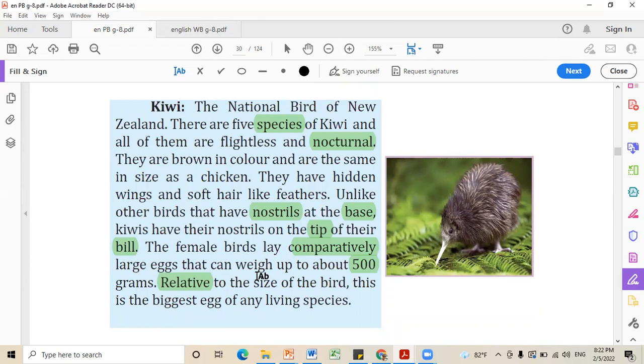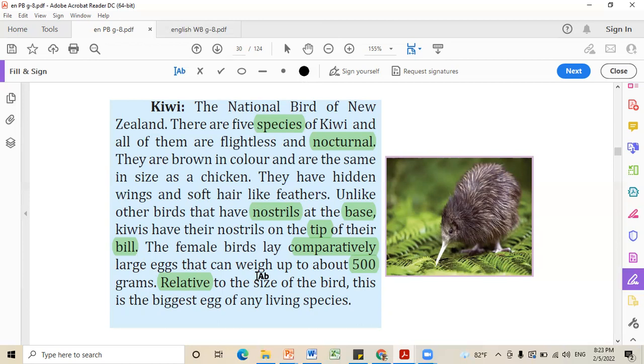Can we find any other details about this bird, the kiwi, that we have not talked about so far? Janit, yes, you can try. If you cannot try, it's okay. You can say I do not know, I cannot find. It's okay. Okay, Hirusha, then you can try.